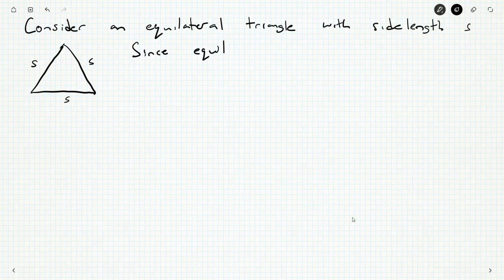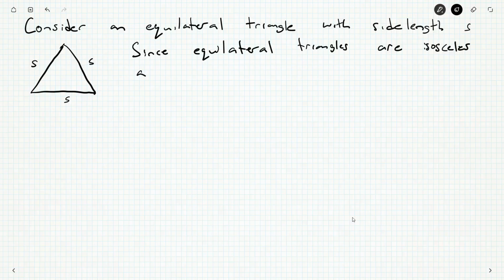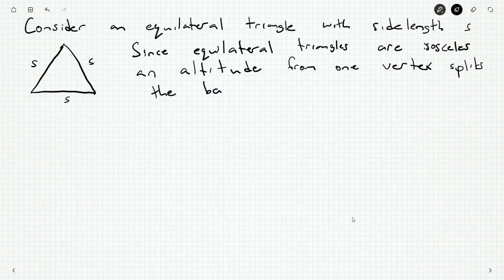Now, since equilateral triangles are isosceles, an altitude or height from one vertex splits the base in half.